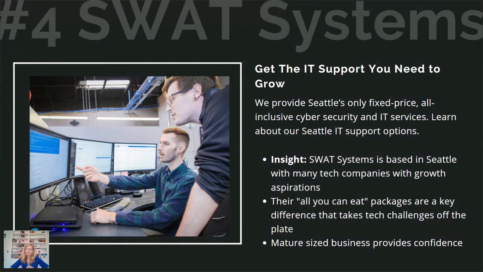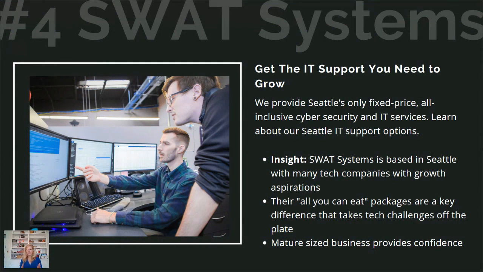So the insight here was that Seattle is a very tech growth company. A lot of the companies there have these very large growth aspirations, and technology is a big part of fueling that growth for the firms out there. So their all-you-can-eat package was a key difference that can take tech challenges off the plate of the internal team at the customer.